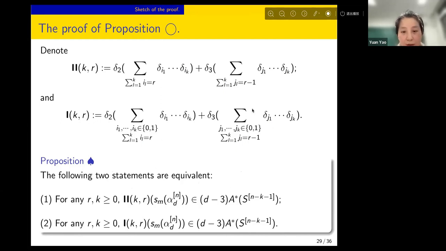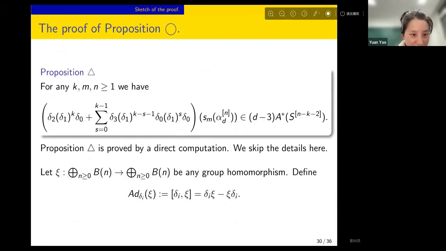So it's a different expression. Okay, still not simpler. We compute this directly, so you get this special case, delta 2, delta 0, and this special case. Then we use the induction again and again.